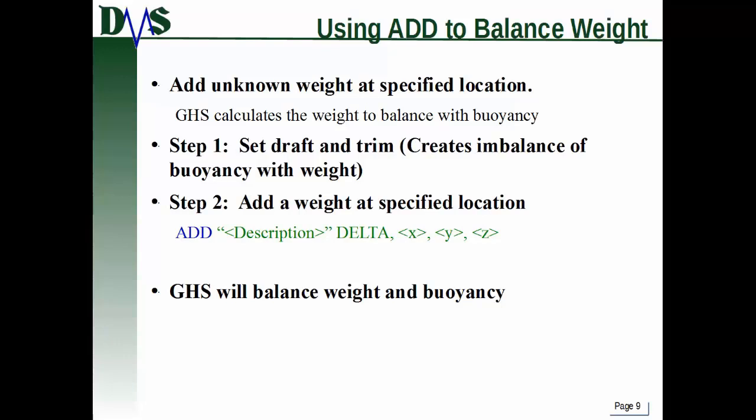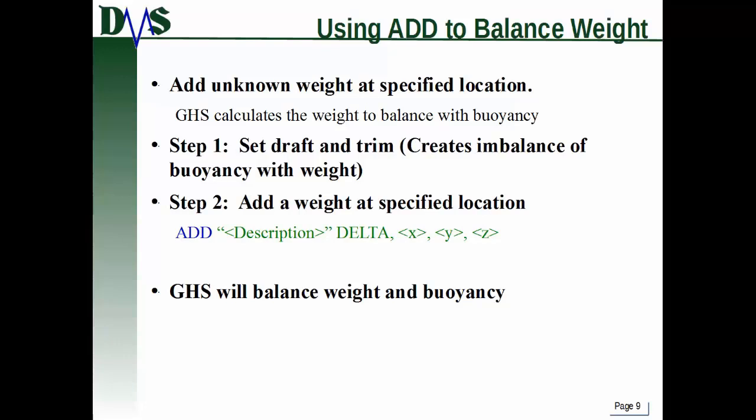And then at step 2, what you do is you add a new weight. So give it your description, whatever you want. But instead of typing a physical number for weight, you type the keyword delta, D-E-L-T-A. And then you still specify the location for it.